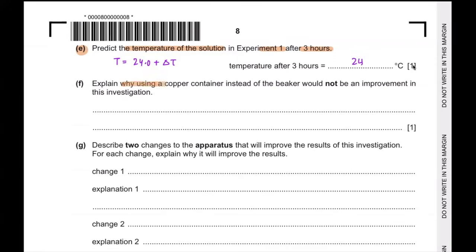Now explain why using a copper container instead of the beaker would not be an improvement in this investigation. Yes, who can answer this? If we use the copper container, it would not be an improvement. Yes, but copper is a conductor of heat and electricity. So copper absorbs heat. As a result, heat is lost to the copper container. But as you see, the beaker is made of glass, and glass is an insulator, so it would not absorb the heat.